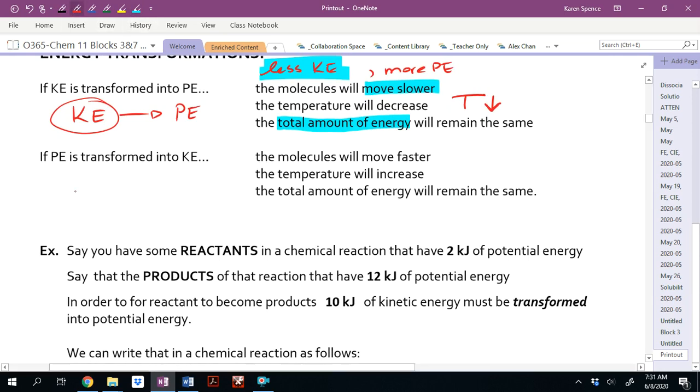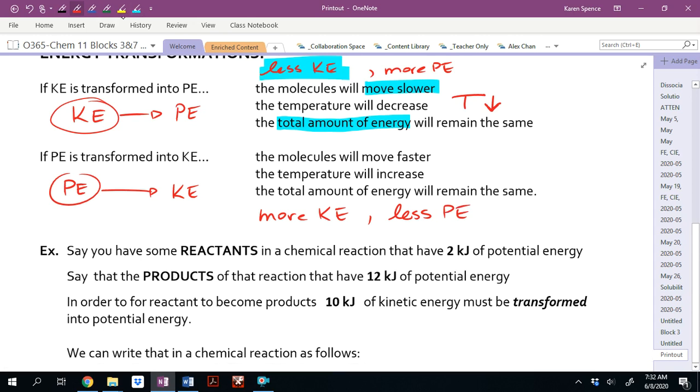Now, if we have potential energy and we transform it into kinetic energy, what that means is now we're going to have more kinetic energy, because we turned some potential into kinetic, and we're going to have less potential energy.